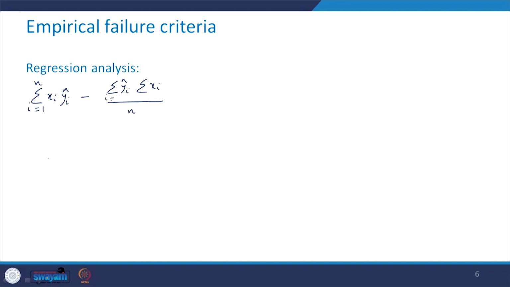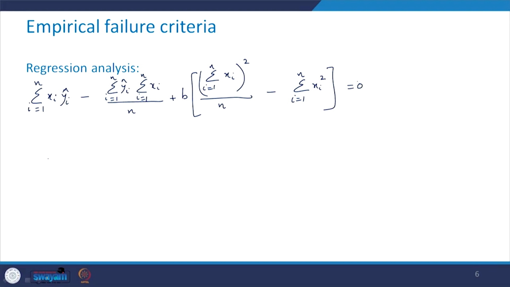So this is again i equal to 1 to n, here also i equal to 1 to n, plus you have b and the bracket summation i equal to 1 to n xi whole square divided by n minus summation i equal to 1 to n xi square equal to 0.